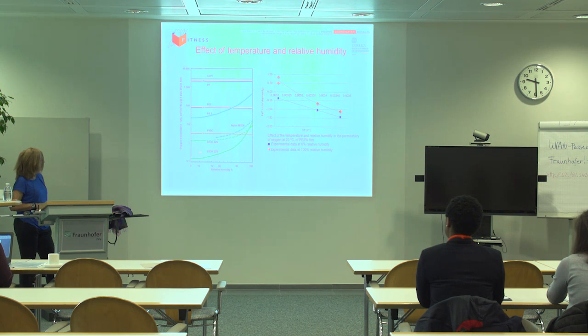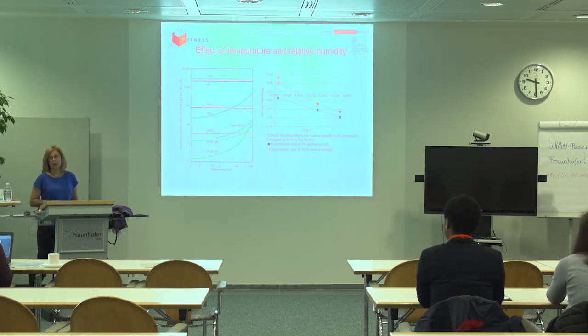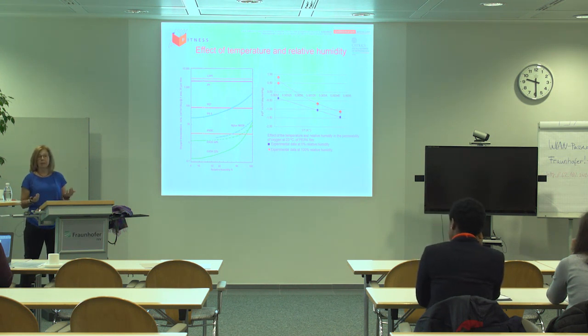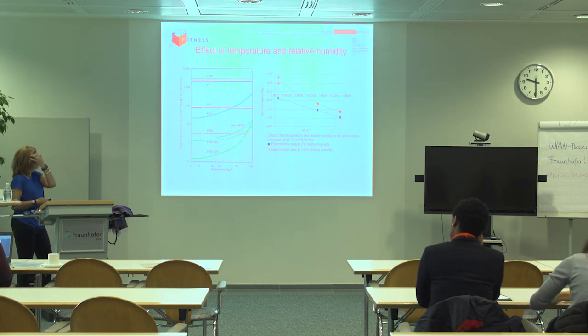However, we have, for example, these two green, like EVOH 44% and EVOH 32%. Remember, yesterday I explained that EVOH is a copolymer, so it has two monomers, and 44% or 32% are the percentage of one of the comonomers, okay? So you see that when we have different compositions of the EVOH, we have different behaviors.